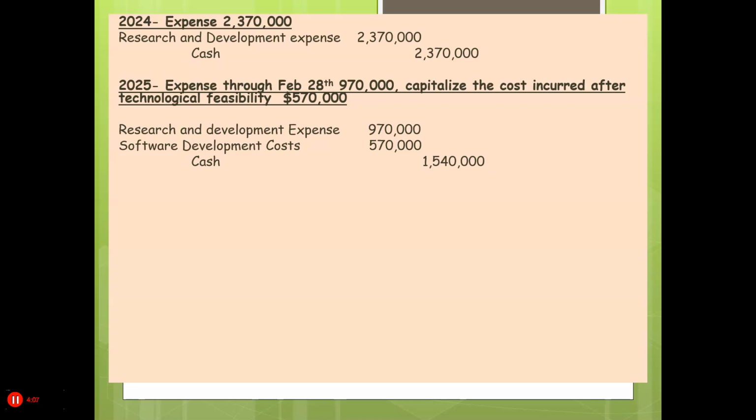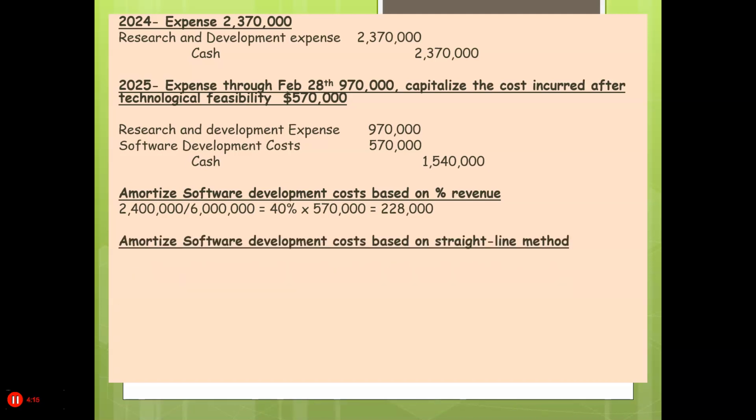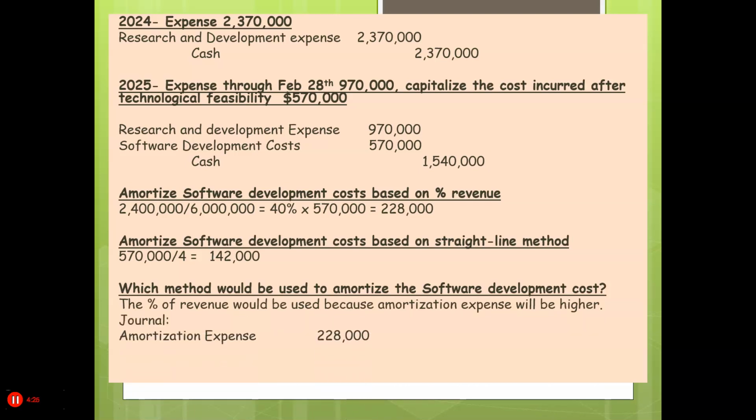Now we're going to look at how do we amortize. Well, we can do it as a percentage of revenue, which gives you $228, or we can straight line it. And we use whichever is higher, and therefore we would use our 228 and use percentage of revenue, and this would be our entry.